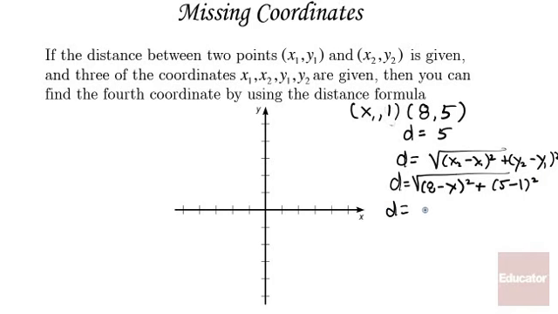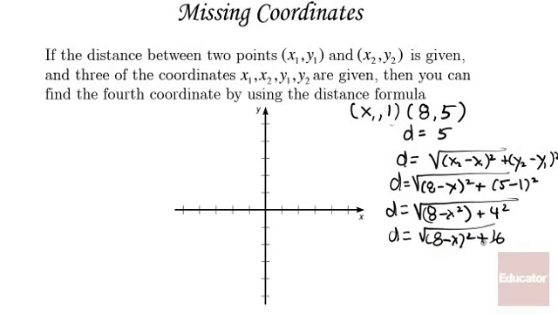So the distance equals the square root of 8 minus x squared plus 4 squared, or distance equals the square root of 8 minus x squared plus 16. I'm going to go ahead and square both sides.